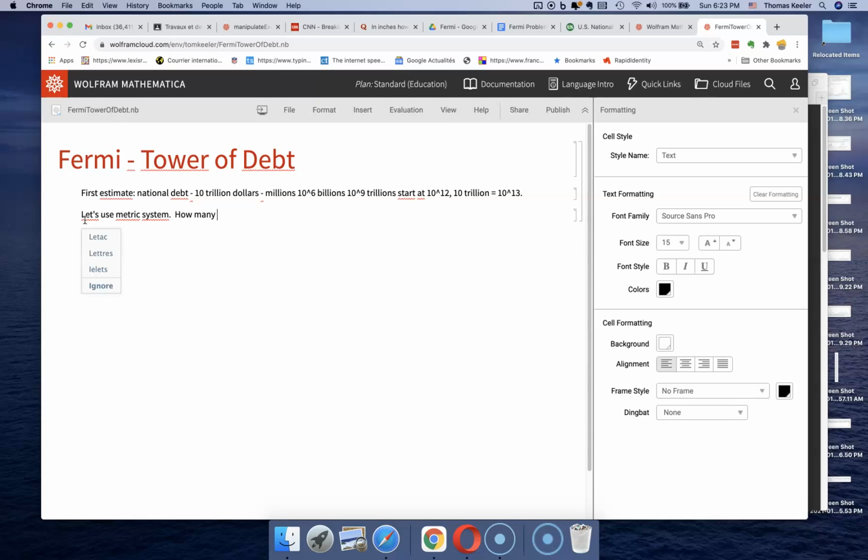So how many dollar bills stacked up to make a meter? Okay, so think about it. So maybe you're thinking 100 bills to an inch times 36.